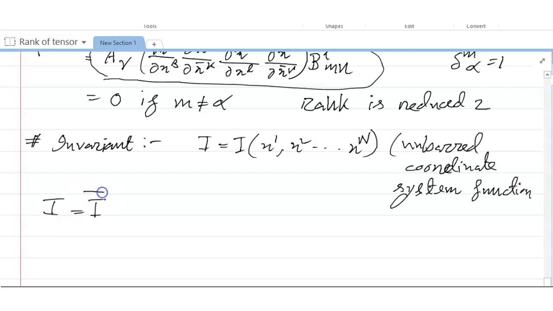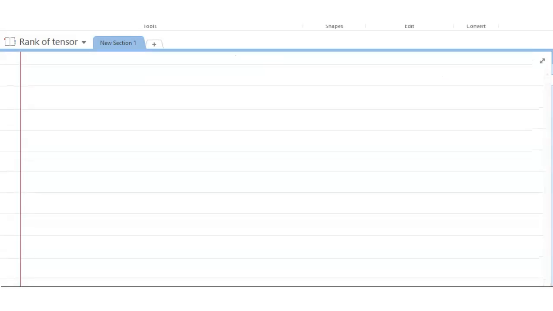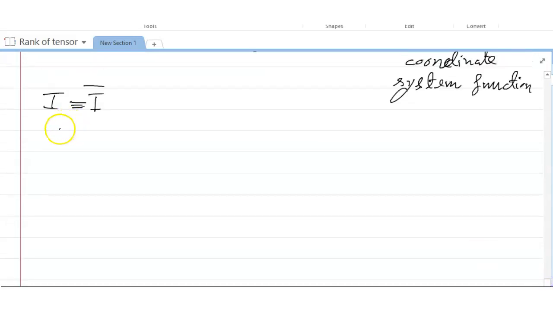If I is equal to I bar, then it is invariant. I hope friends it is clear. Now one example.